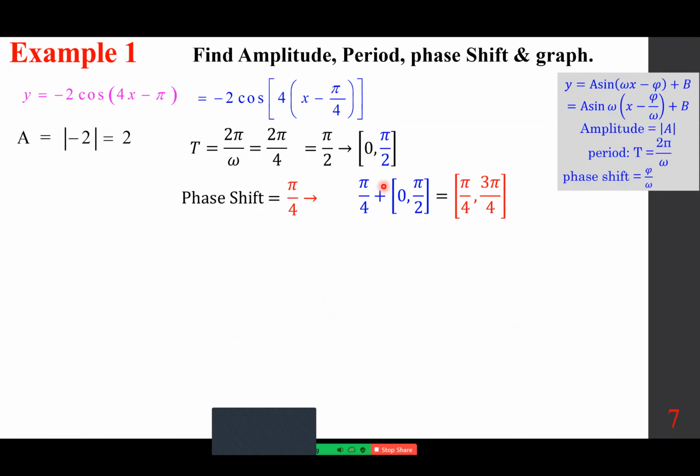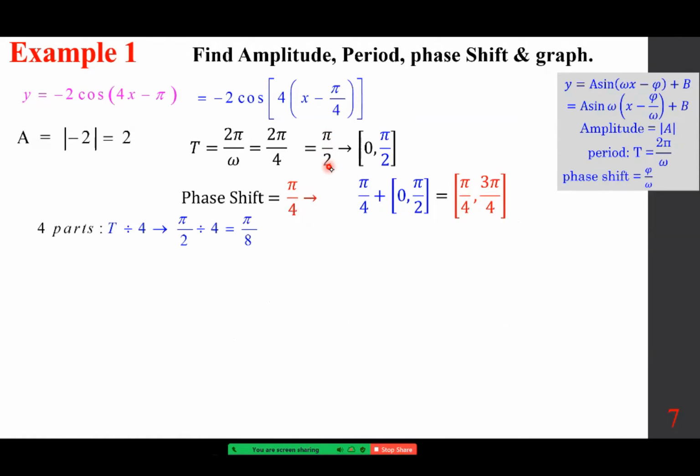In order to do that, this was the period. This has been shifted by this much. So we cut this into 4 equal parts, and it becomes pi over 8. Therefore, starting point is pi over 4. Then we're going to add pi over 8, and it gives us the next point. This is the first part, add pi over 8.